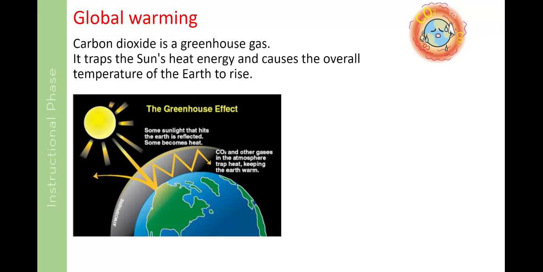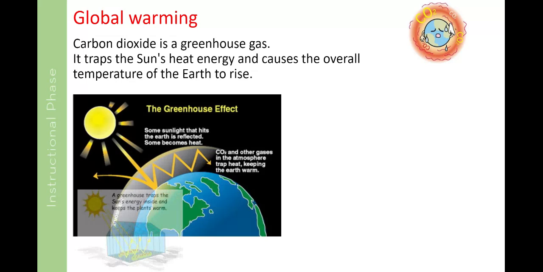Now, we call carbon dioxide a greenhouse gas, not because it comes from greenhouses, but because it acts like a greenhouse. A greenhouse traps the sun's energy inside of the greenhouse to keep the plants warm. Just like carbon dioxide is trapping the sun's heat energy, which is causing the Earth's temperature to increase.